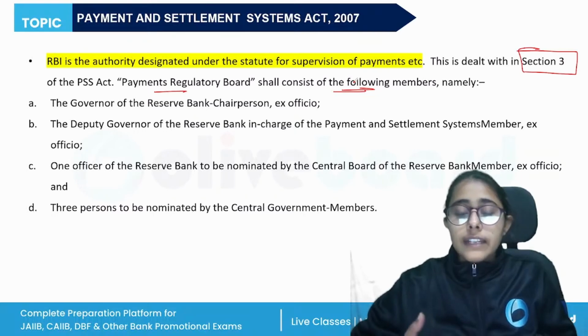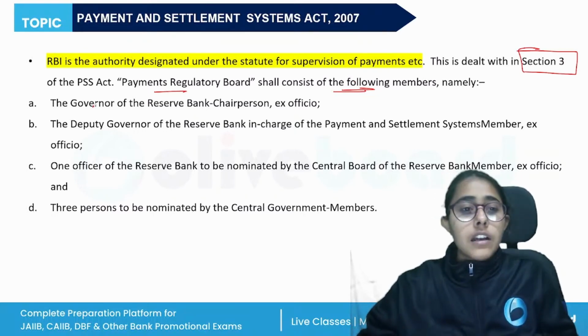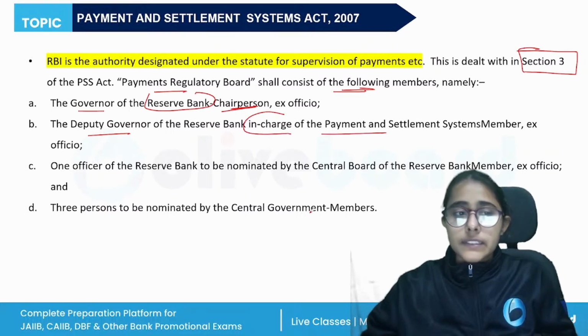The board that is set up by RBI will consist of members. The governor of the RBI will be the chairperson. The deputy governor of the RBI will be in charge of the payment and settlement systems.